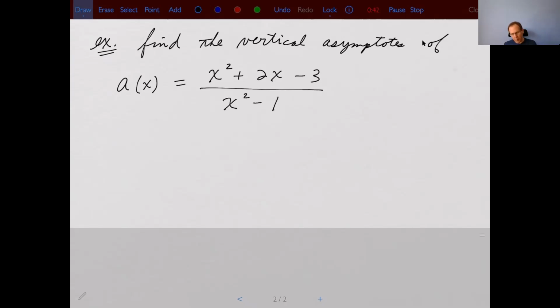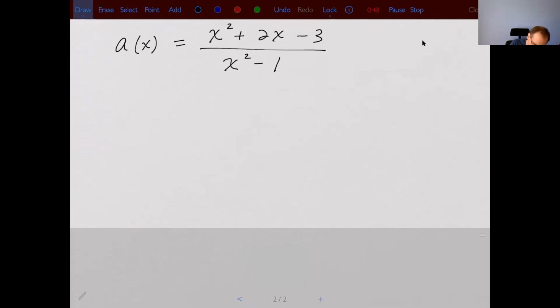Okay, so just like before, we need to factor the numerator and denominator so we can see what's going on here. So let's start with the numerator. So I have x squared plus 2x minus 3. Well, if the coefficient of the x squared is a 1, that's the nice case where we can immediately draw our two sets of parentheses, our two factors.